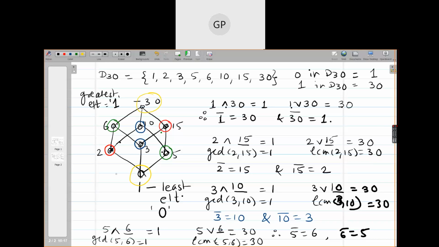We can have one example where we don't have complement of certain element. I hope you have finished with this. Okay, so just write a note.